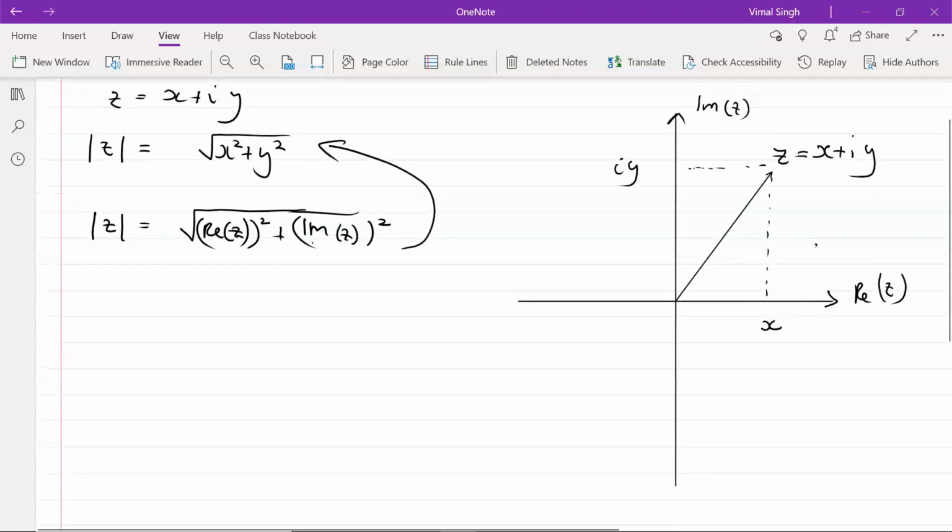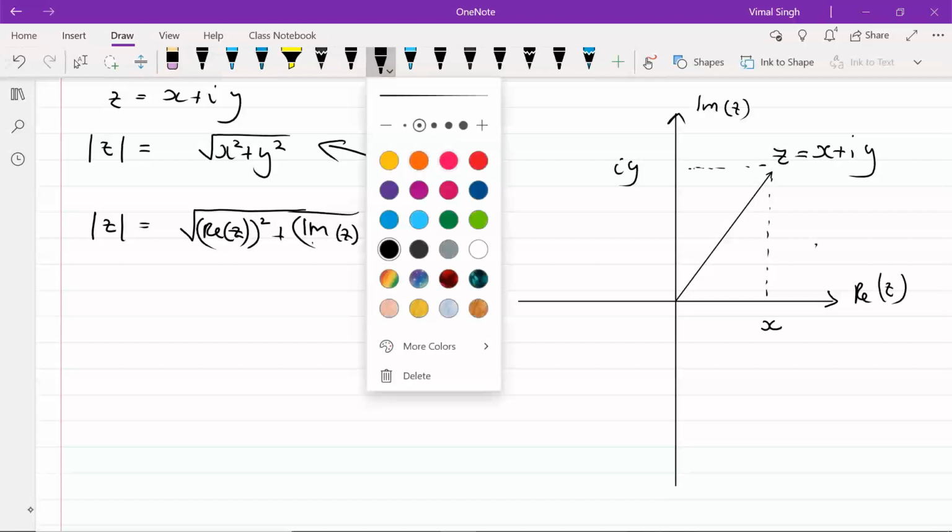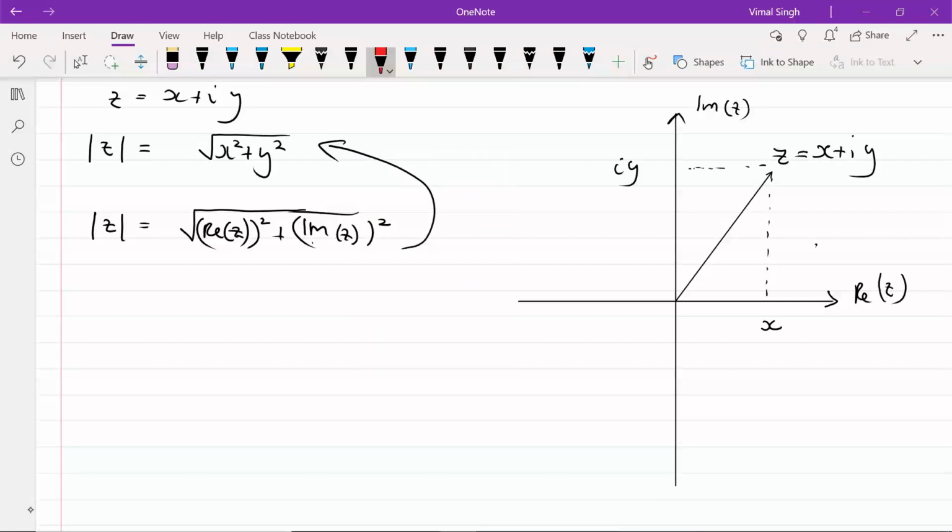If you have a look at this diagram on the right hand side, you'll notice that that distance there is y, that's a right angle, that is x. So the modulus of z comes out to be simply the square root of x squared plus y squared.